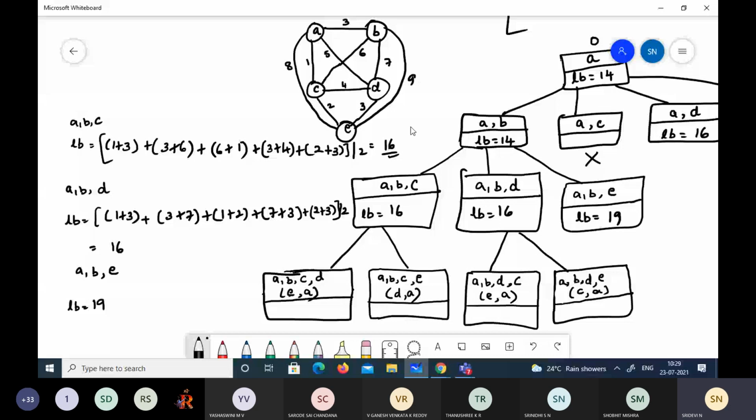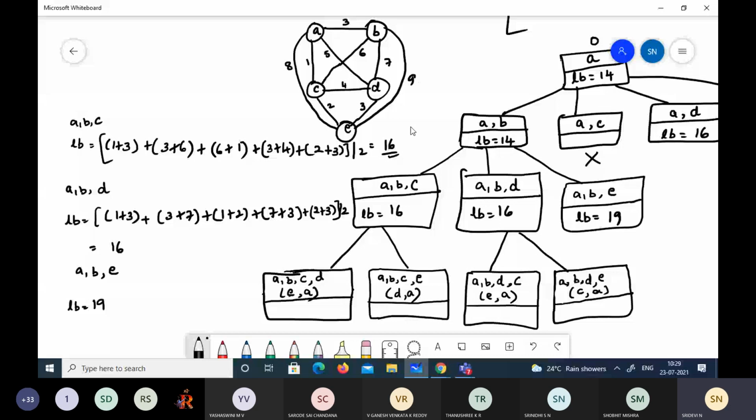Among these, I will try to find the shortest, nothing but your traveling salesman problem. I am trying to find that.